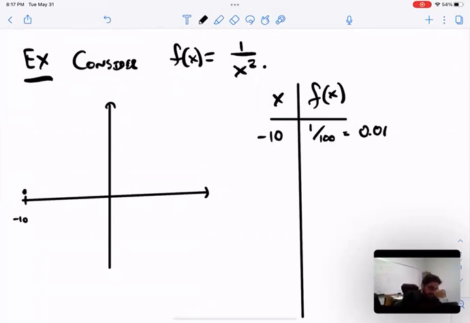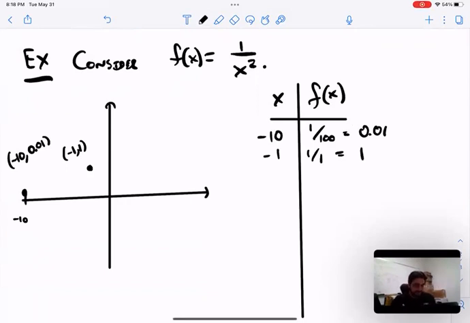I'd have a point very close to the x-axis, right? -10, comma 0.01. Negative x value, positive y value. And then you can imagine a point like, say, -1, right? So that would be a point, something like this. It would be a point -1, comma +1, because I'd have 1 over -1 squared, which is positive 1.